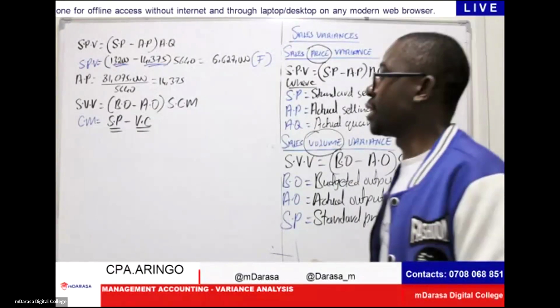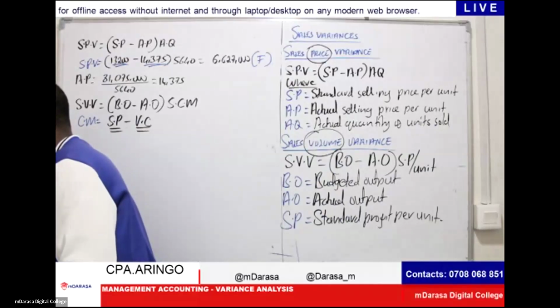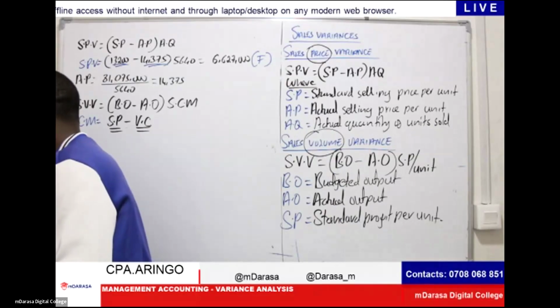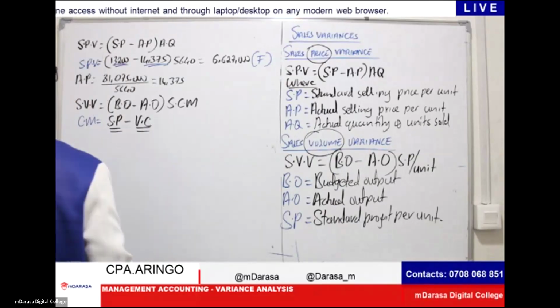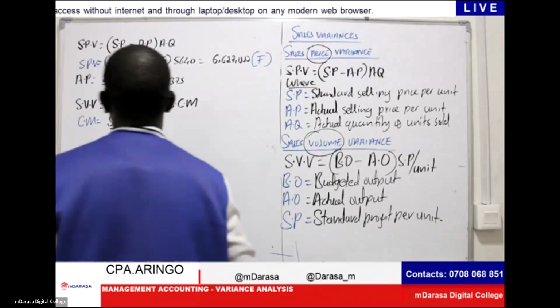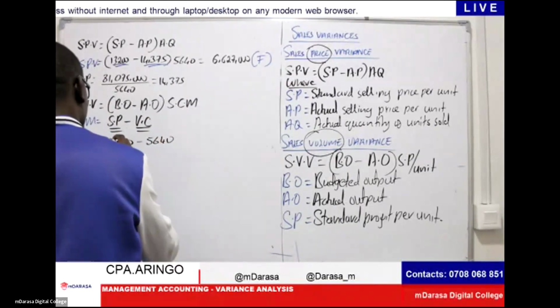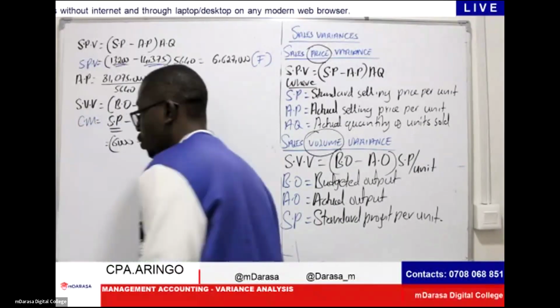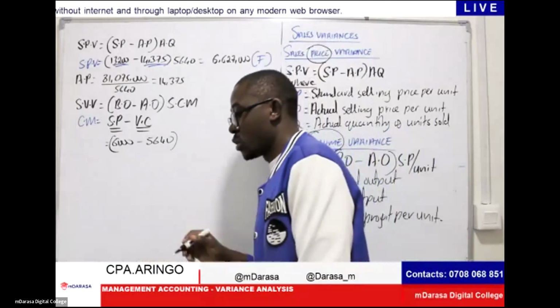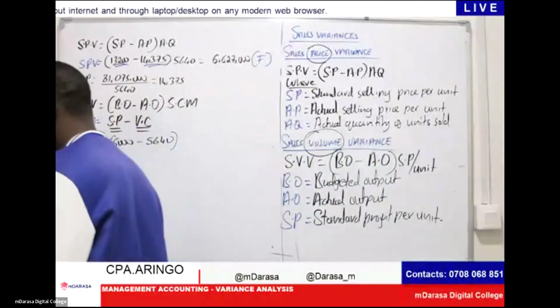So, according to our question, whatever that we budgeted to sell, we are given the budgeted production and sales for the month amounted to 6,000. So we take 6,000 units. The actual sales, 56.40. Standard contribution margin. Contribution margin, you say it is selling price per unit minus variable cost per unit.